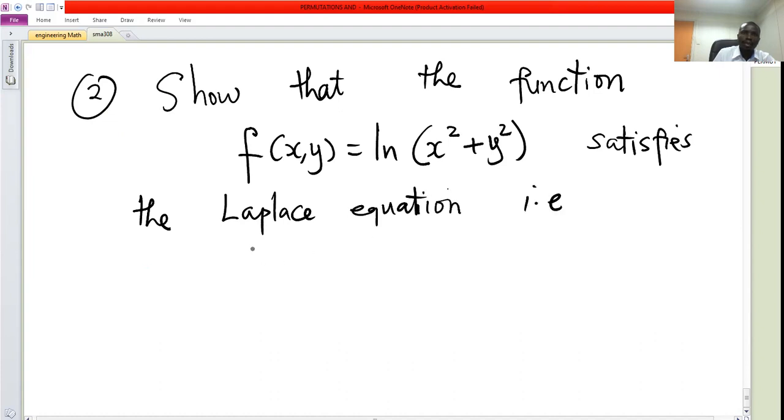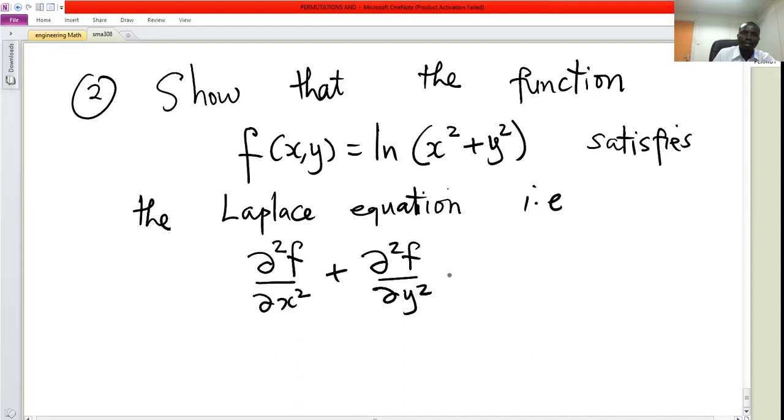That is, partial squared f partial x squared plus partial squared f partial y squared is 0. So this is a partial differential equation, the Laplace equation in 2 dimensions.